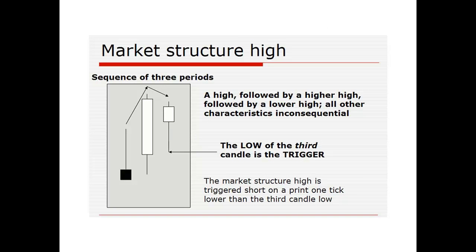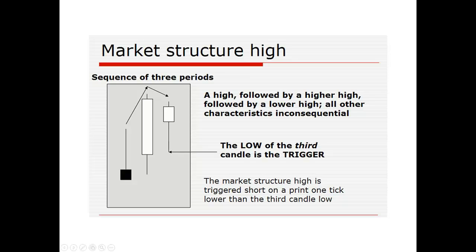So market structure high looks like this. You basically get a new high, a higher high, okay, and then a higher low. Now, once again, we're going to go with the closes. So you're going to get a new high close, okay, a higher high close, and then a lower high close.